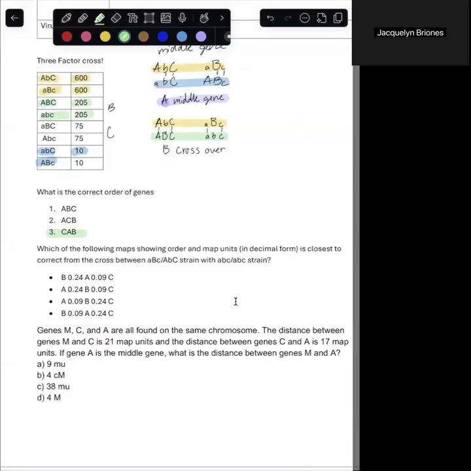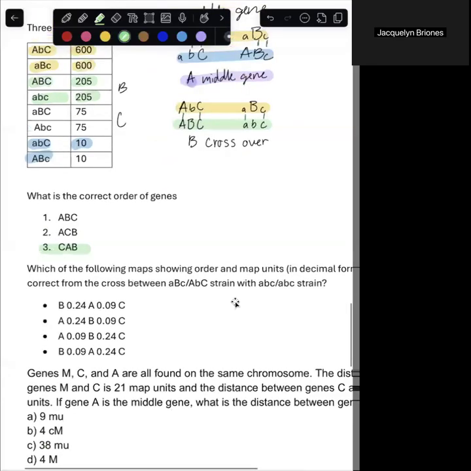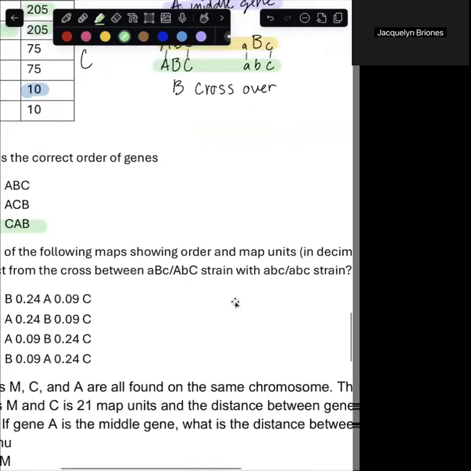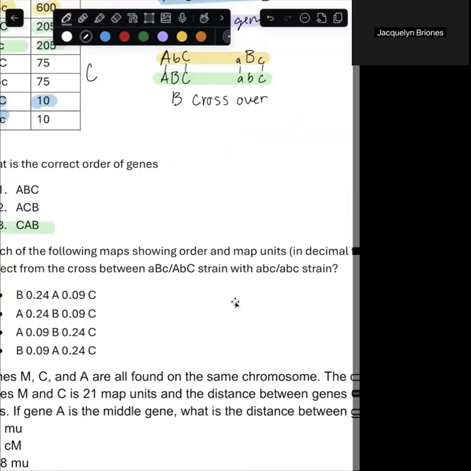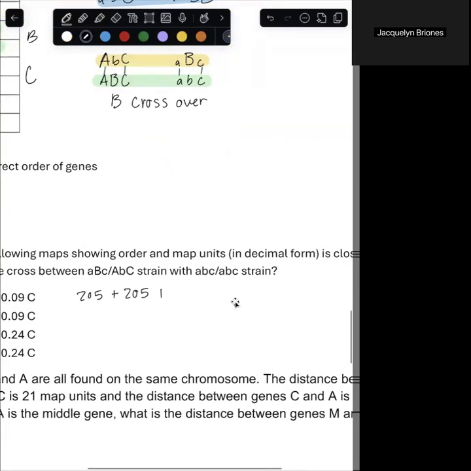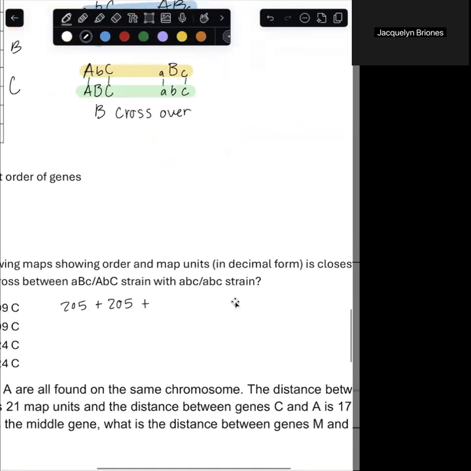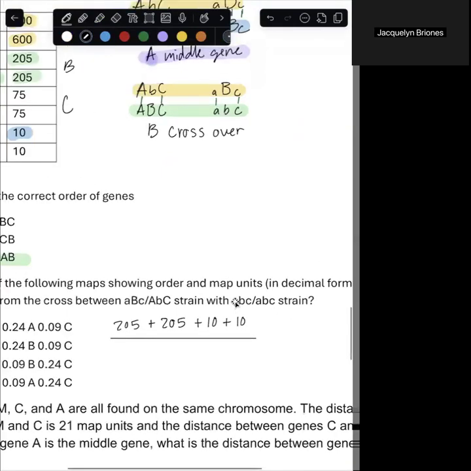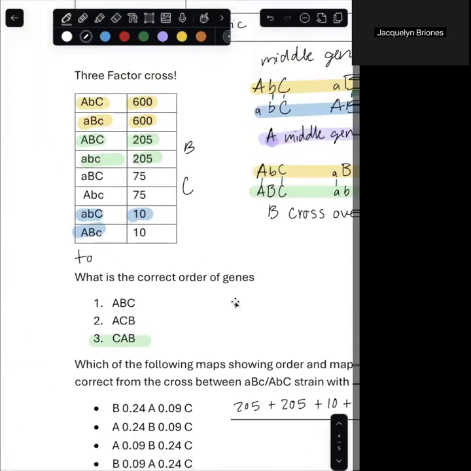Okay, now we're gonna find our map units. If you can remember, our B crossover count is 205, and you always do your double recombinants. I forgot to tell you the total: 1780.